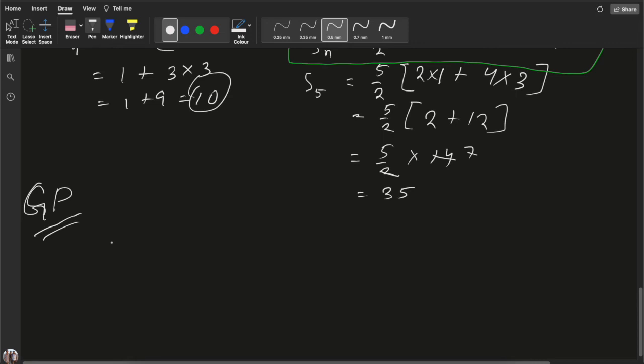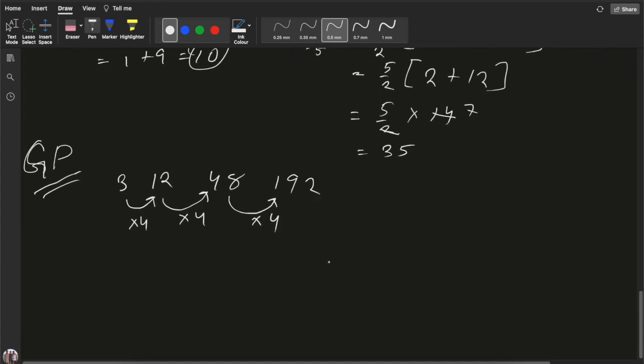What I mean, let's say I have the numbers 3, 12, 48, and 192. So 3 is incremented with a multiple of 4, 12 is incremented with a multiple of 4, 48 is incremented with a multiple of 4, right? So this is called a GP, geometric progression.